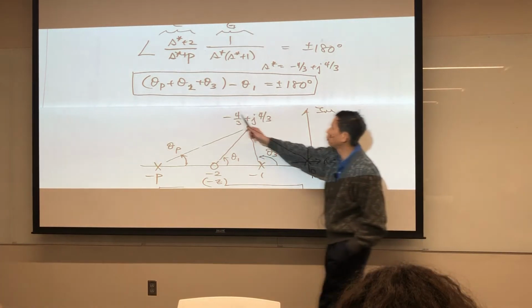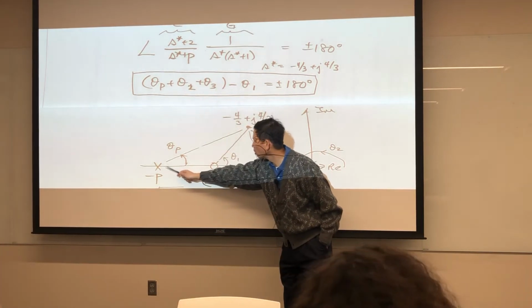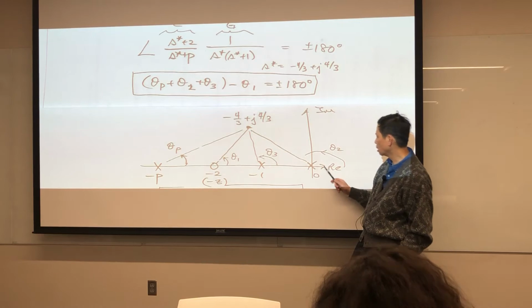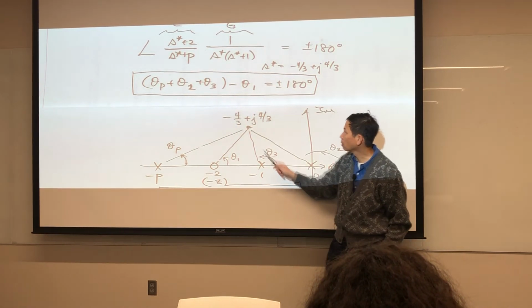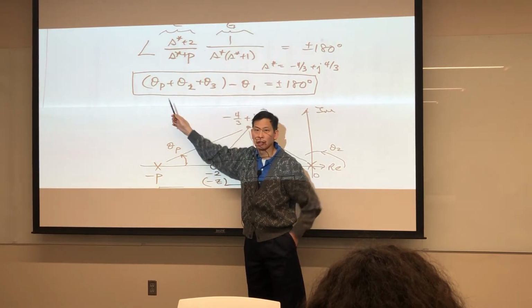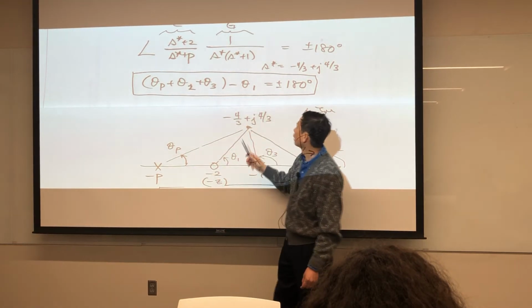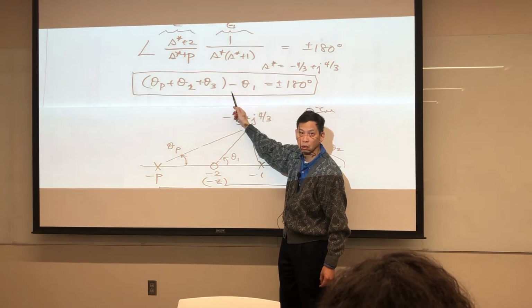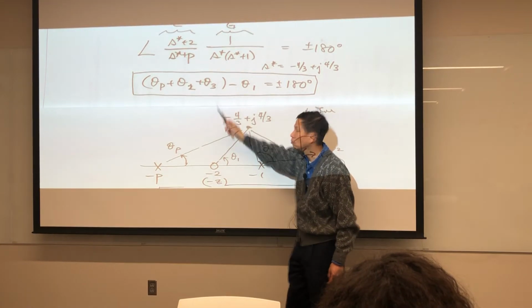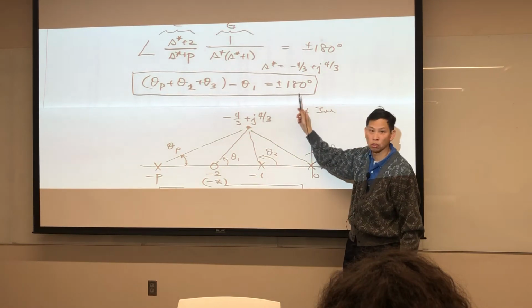These are the angles to the poles. This is a pole, theta p. Theta 2 is an angle to a pole. Theta 3 is an angle to a pole. So I'm gathering all the angles of the poles together and adding them up. This is an angle to a zero, so I take the difference from the angles of the poles. All that has to be equal to plus or minus 180.